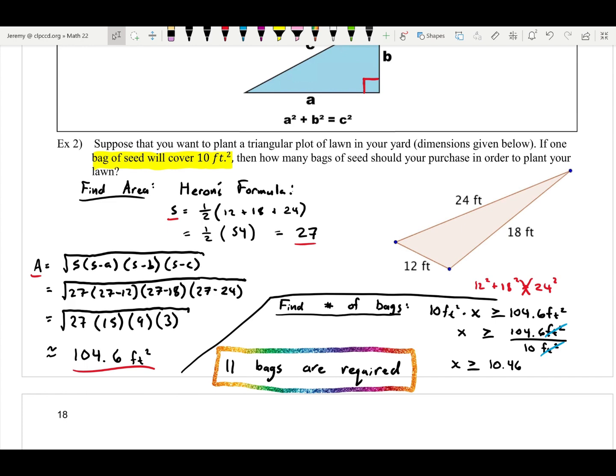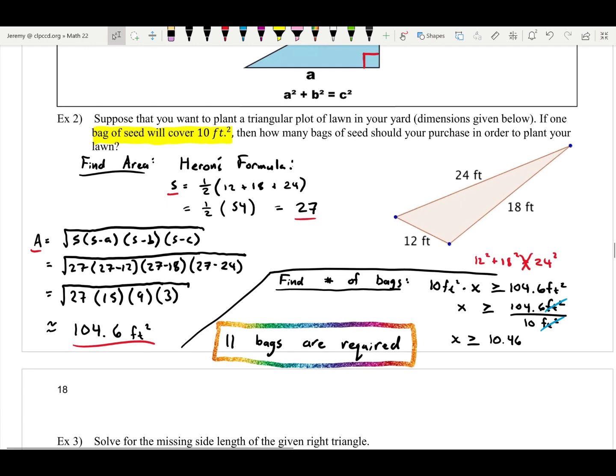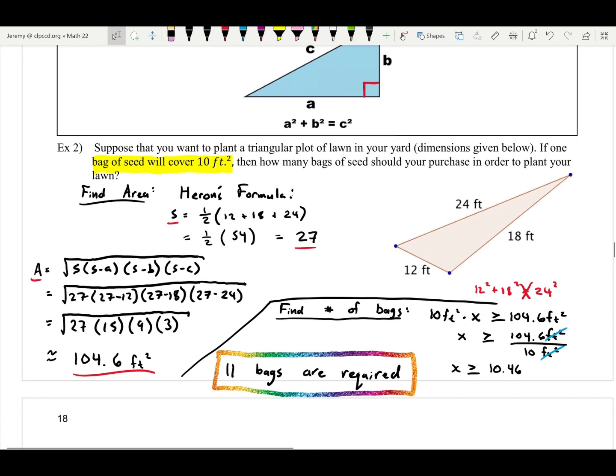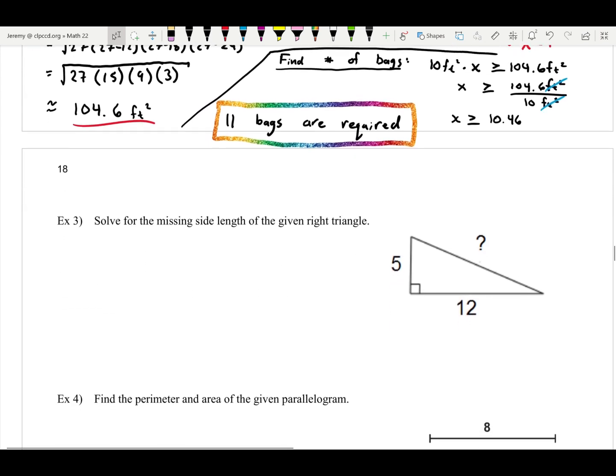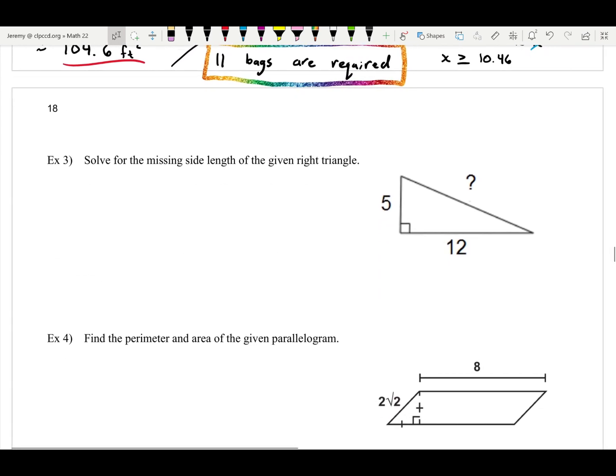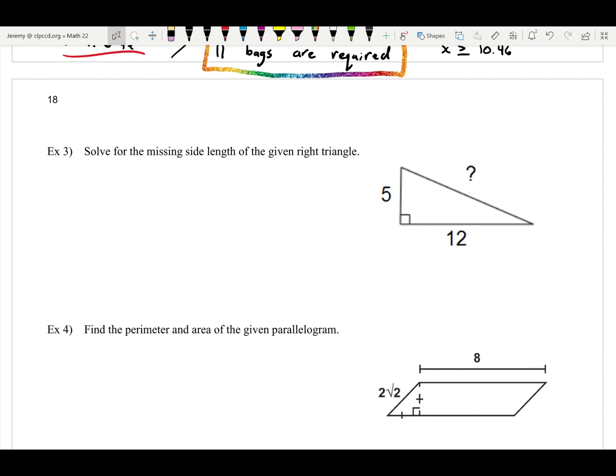Okay, so nice little example of some Home Depot math there. Let's try another one. Example 3.